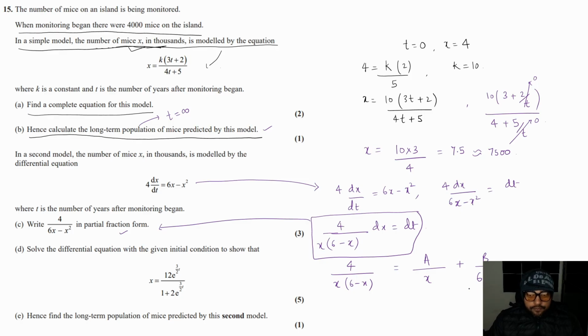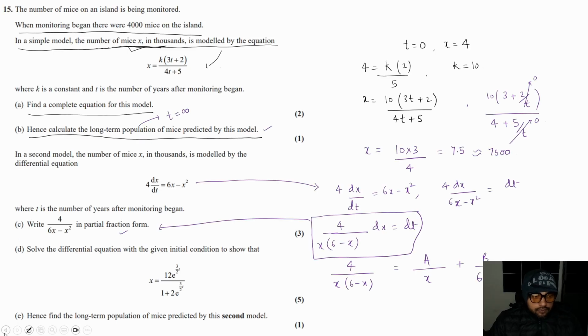So 4 by x times (6 minus x) equals a by x plus b by (6 minus x). Now we'll take the LCM on the right hand side.